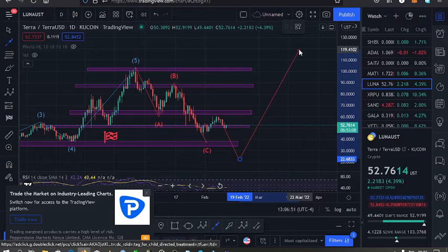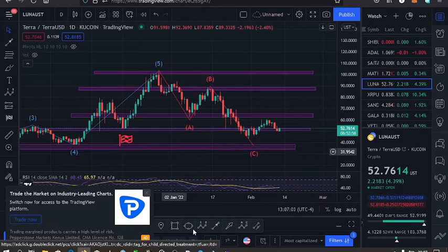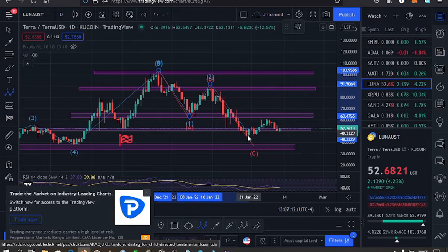Also, here is another technical view of this chart. Within this ABC correction, I still have an Elliott wave: a wave 1, a wave 2, a wave 3, a wave 4 which has played out, and now a wave 5 which is in formation.